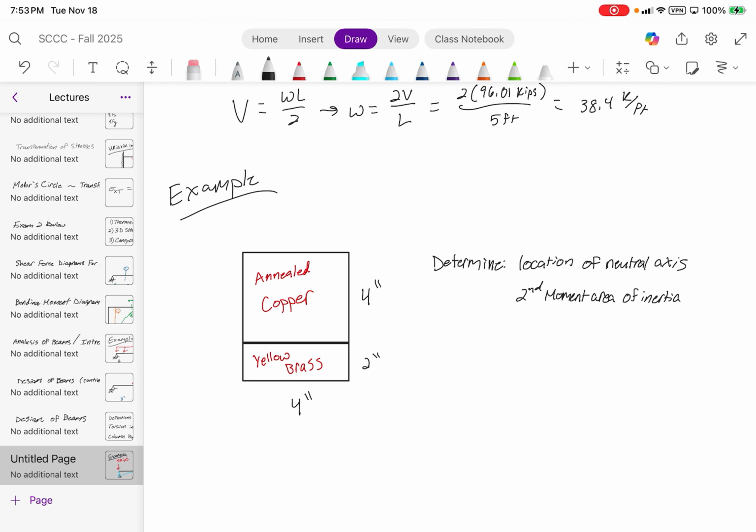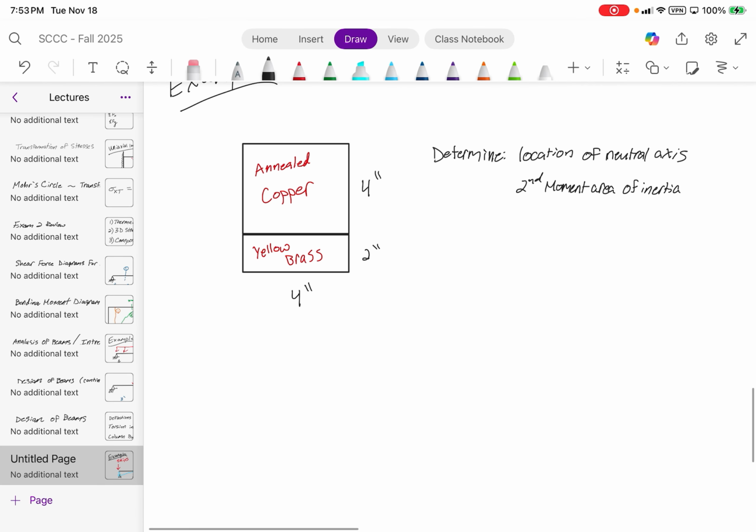All right, first step, find N. What is N going to be? It depends what you transform the material to. Typically, you transform the more stiff material to a less stiff material. What's the stiffer material in this case? It would be the copper, right?